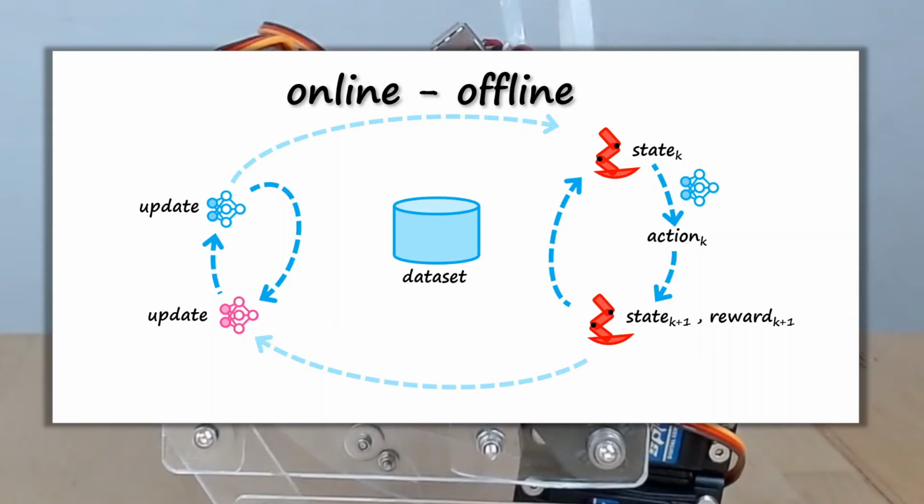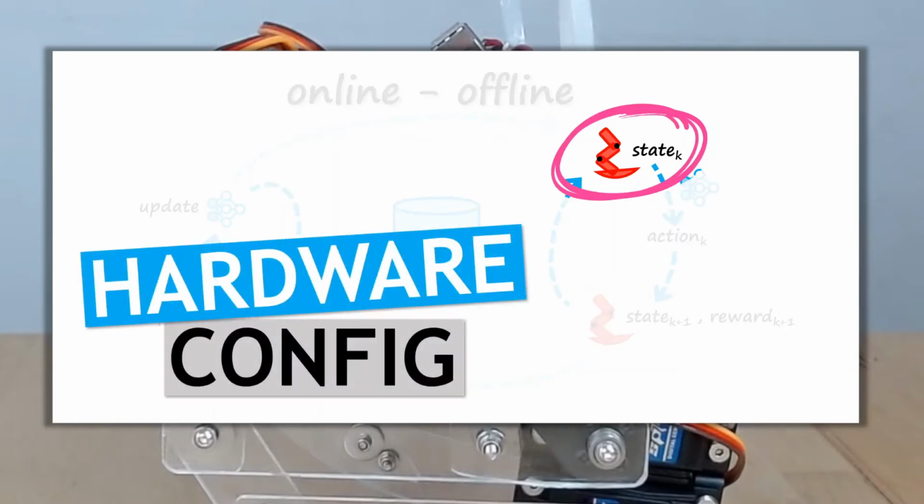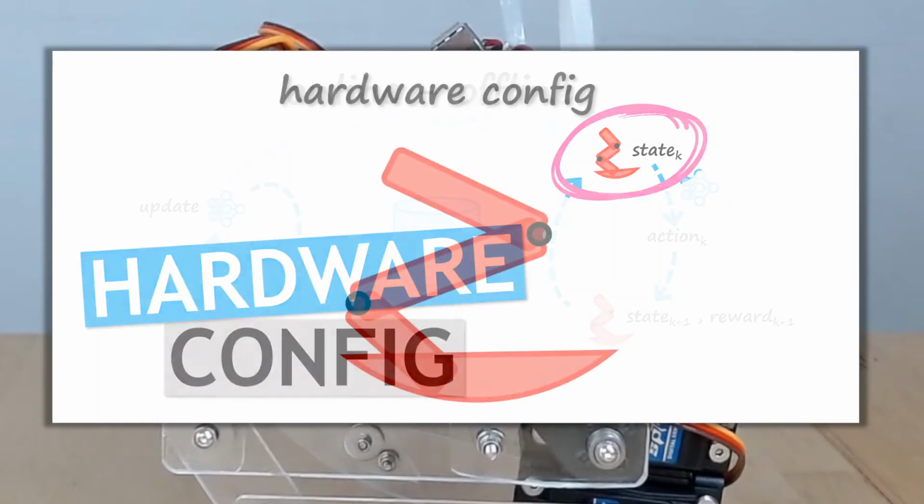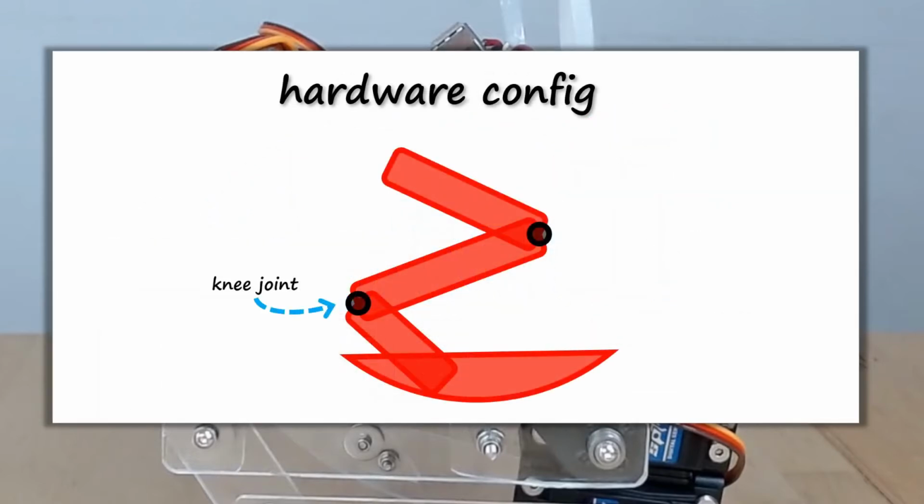Now let's look at the details of the various steps in this online-offline algorithm. Firstly, with the legs hardware. The plan is to start off cautiously. So the knee joint will be held at a fixed position, at a value that's fairly low.